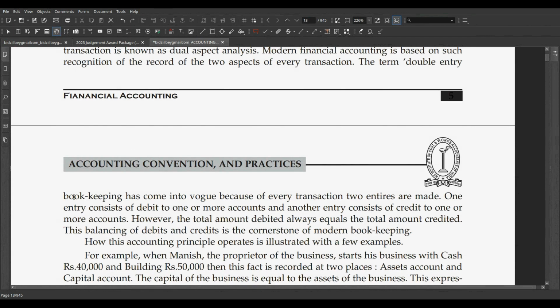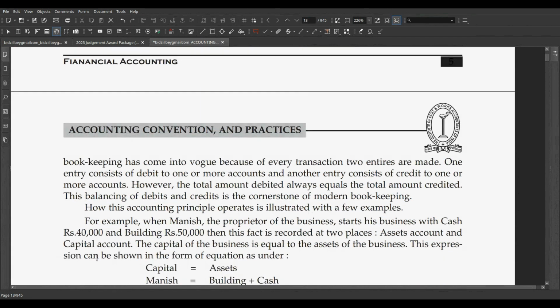One entry consists of debit to one or more accounts, and another entry consists of credit to one or more accounts. However, the total amount debited always equals the total amount credited. This balancing of debits and credits is the cornerstone of modern bookkeeping.